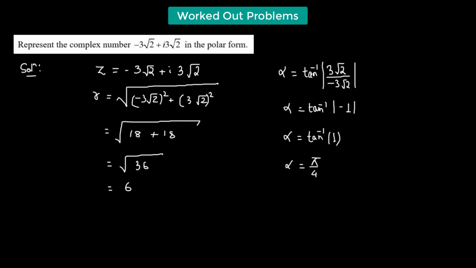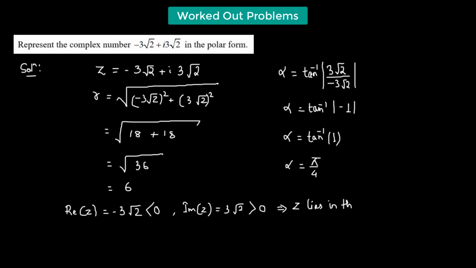Now we check in which quadrant the given complex number z lies. Here the real part of the complex number z is negative 3 root 2, which is less than 0, while the imaginary part is 3 root 2, which is a positive value. So that means our complex number z lies in the second quadrant.